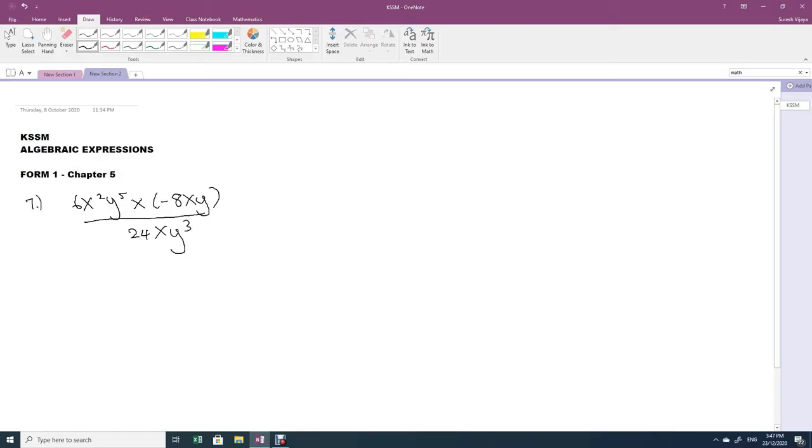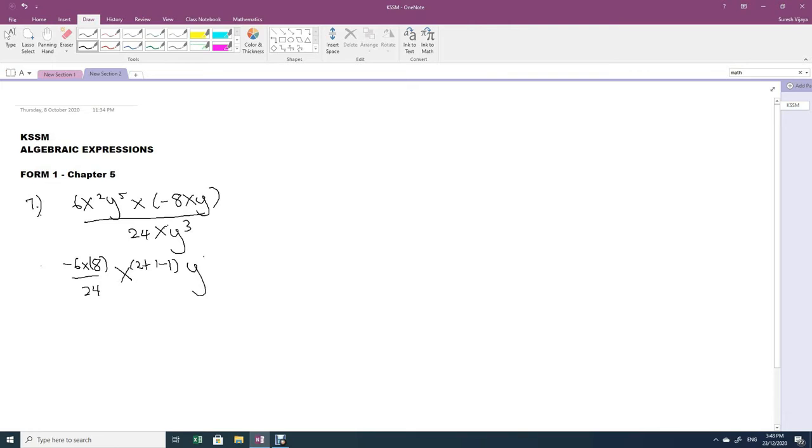How do we solve this? What we do is arrange all the numbers at one side first. So we have 6 times negative 8 divided by 24, and then we write the variables: x to the power of 2 plus 1 because times x, then minus 1 because we divide by x at the bottom side.